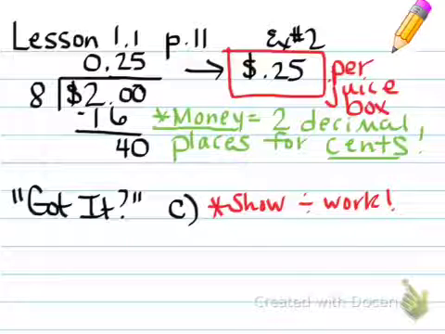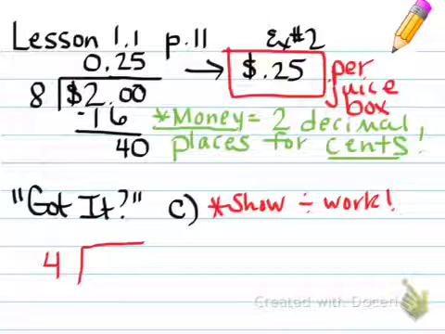So here we go, the answer for the got it. You are going to set this up with the got it. The unit price is a 4-pack, and the price is always going to go underneath.